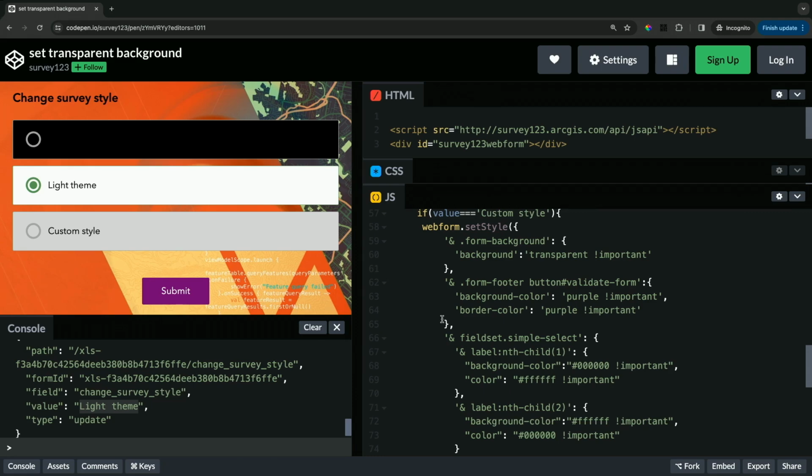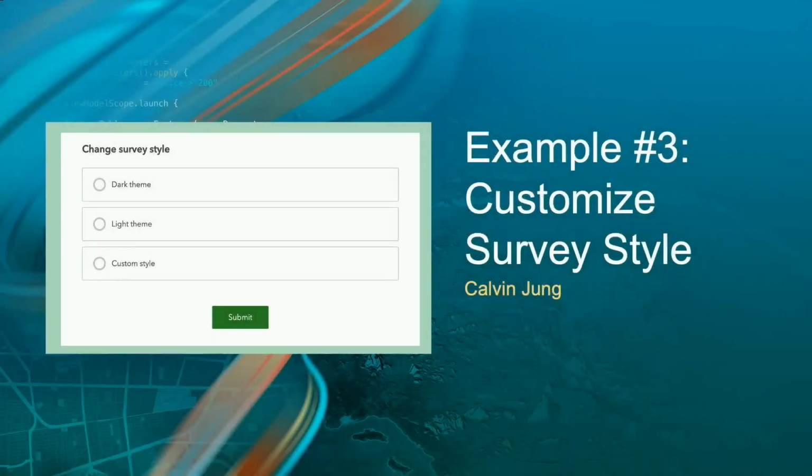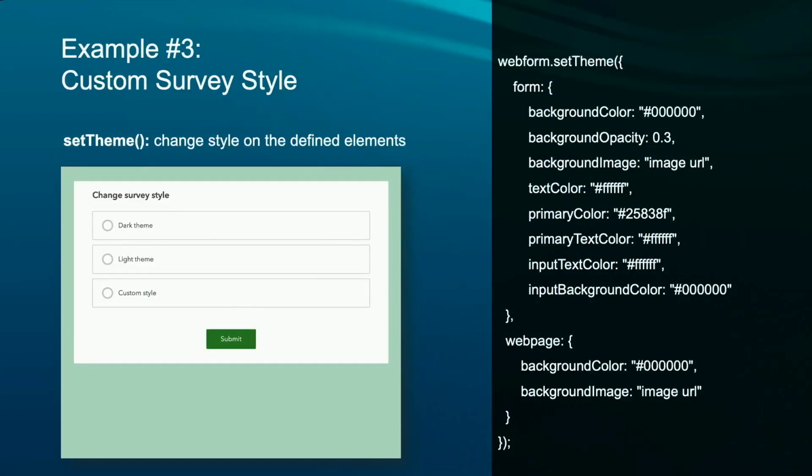Let's go back to the slides. In summary, we use the setTheme function to change the style on the defined elements. As you can see in the demo, I changed the background image in the web page and also changed the dark theme and light theme on the form.